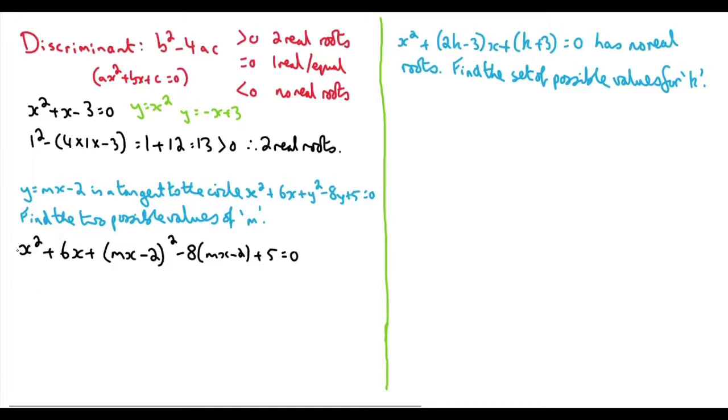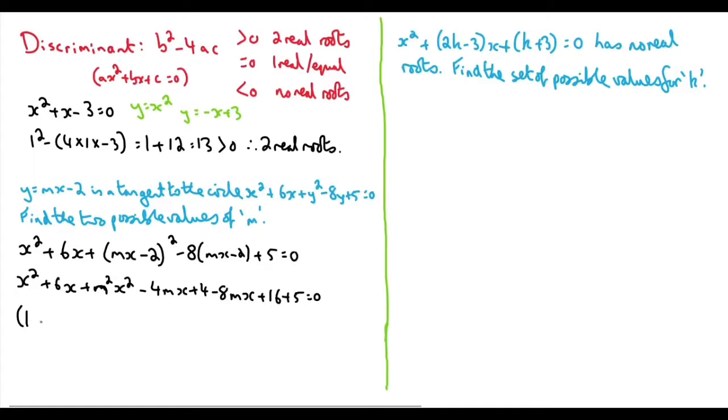So expand this. It's still your x squared plus 6x, but now that'll be plus m squared x squared. Don't forget that they are each going to be squared individually. Minus 4mx plus 4 minus 8mx plus 16 plus 5 equals 0, because minus times minus is a plus here. And bring together the like terms. You've got an x squared here and an m squared x squared here.